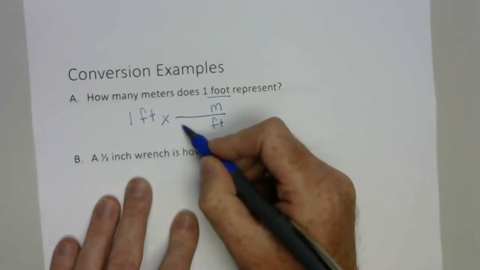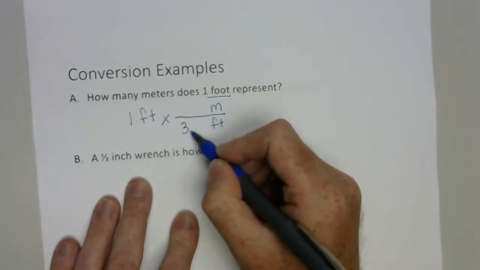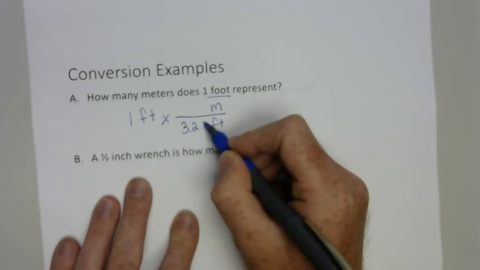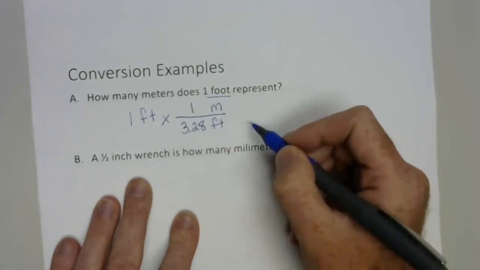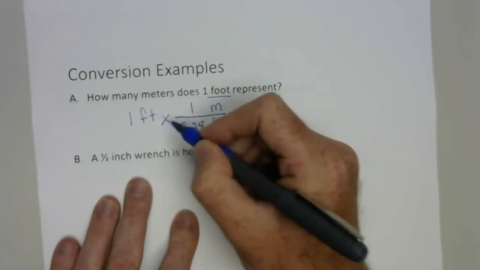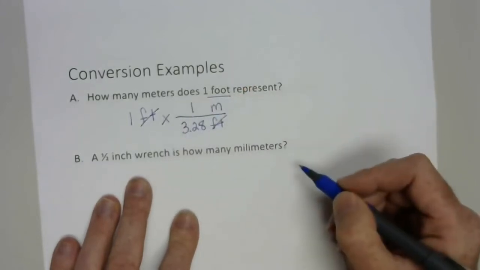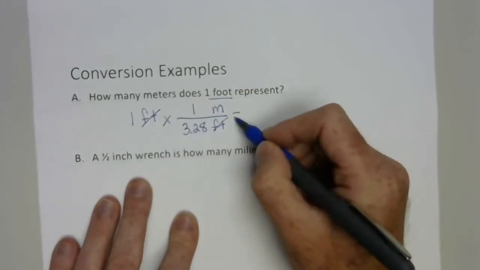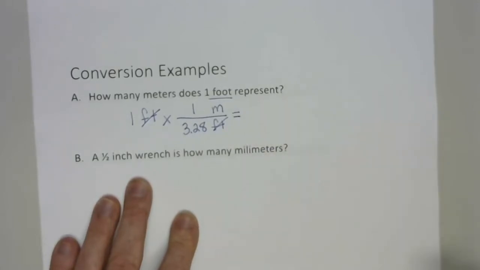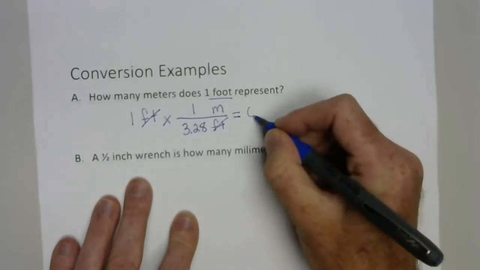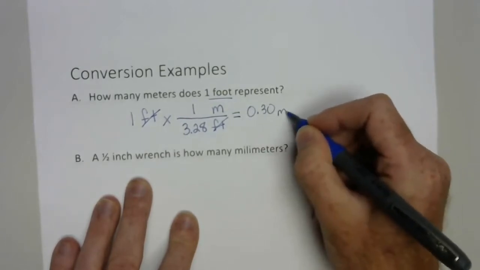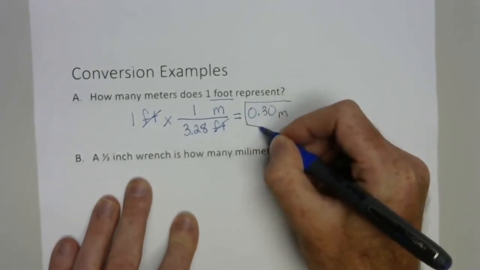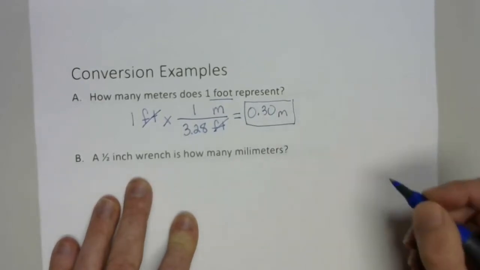We know that from your list of unit conversions, you got 3.28 feet to 1 meter. The feet are going to cancel and leave us with meters. And so when you run that through your calculator, you get 0.30 meters, where that would be your answer.